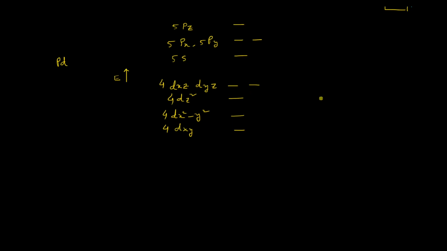So as you know, the electronic configuration of palladium is basically d10. That is, all the d orbitals are filled with electrons. So here the lowest unoccupied molecular orbital is basically the 5s orbital.